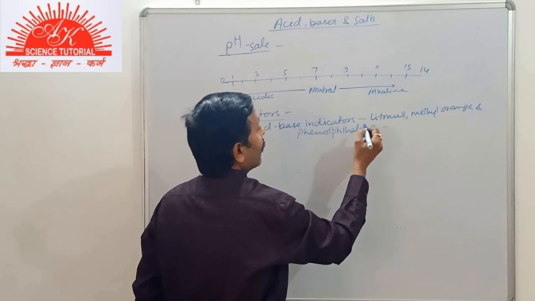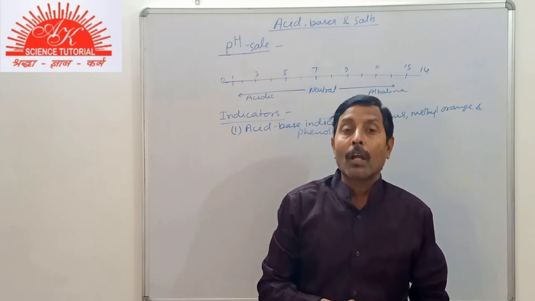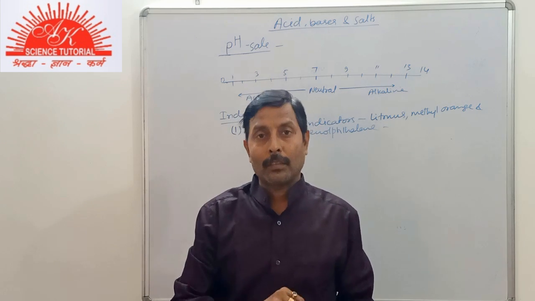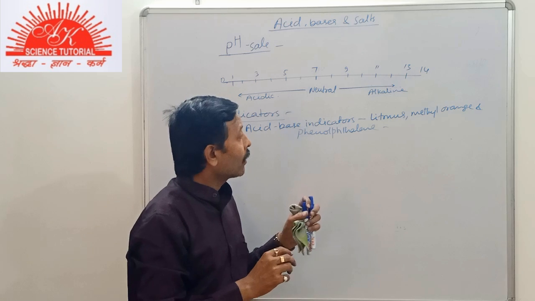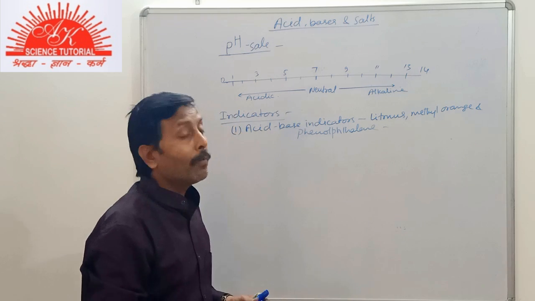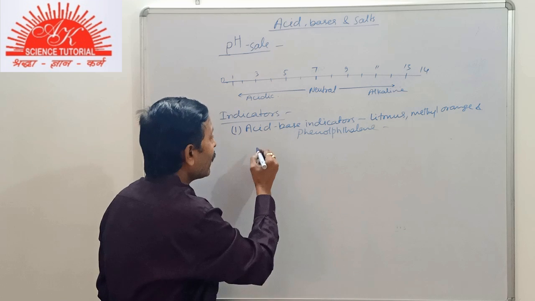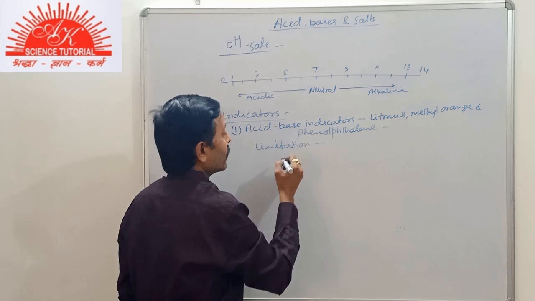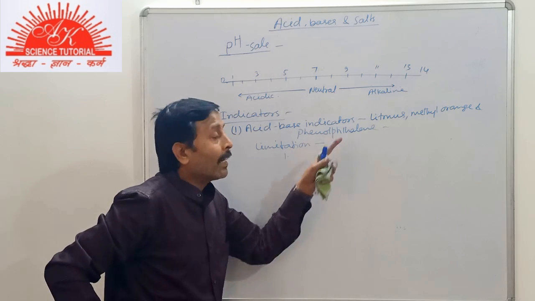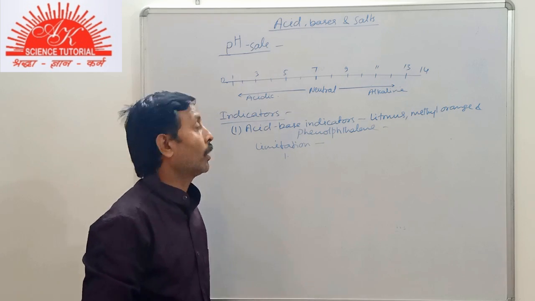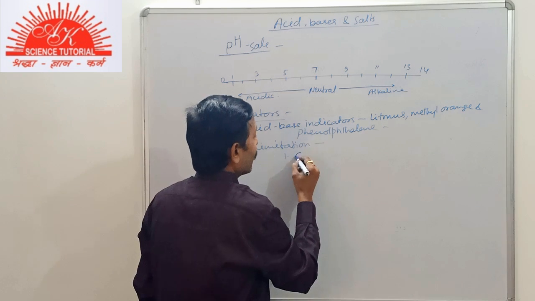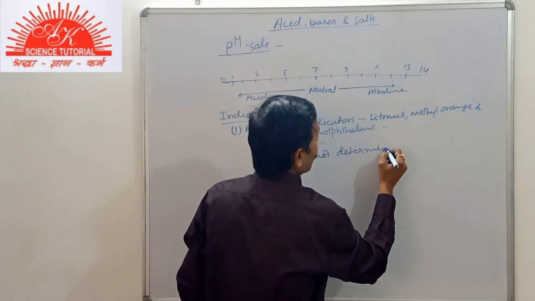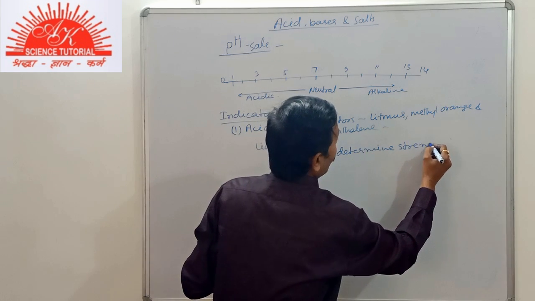Now you see, students, that these three indicators only indicate whether the given solution is acidic or alkaline by showing a color change, but there are some limitations to it. And what are the limitations? First, they cannot determine the strength of a solution.